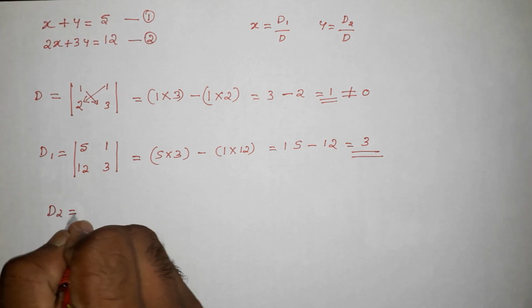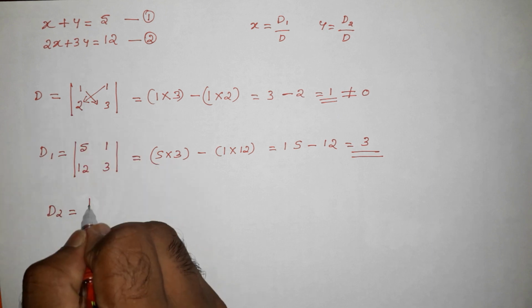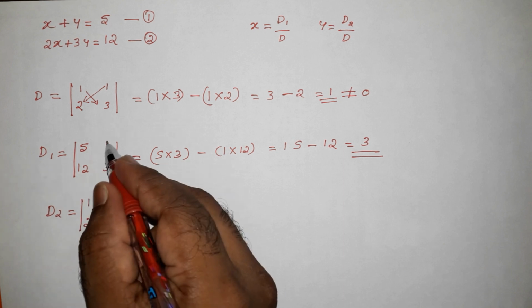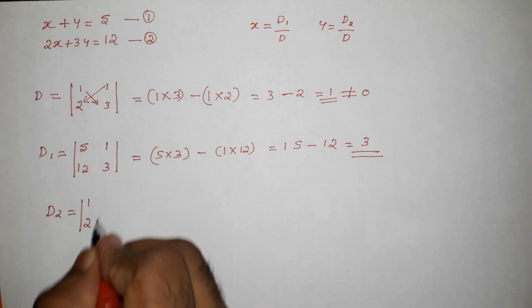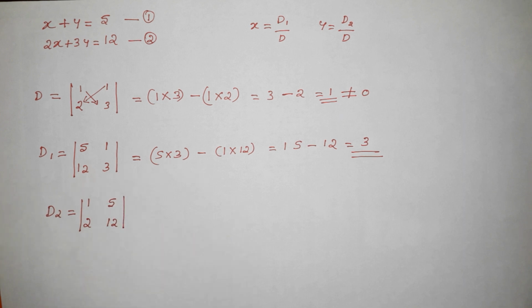Delta 2 is equal to first column as it is, that is 1 and 2. Second column 1 and 3. This 1 and 3 has to be replaced by the answer 5, 12.